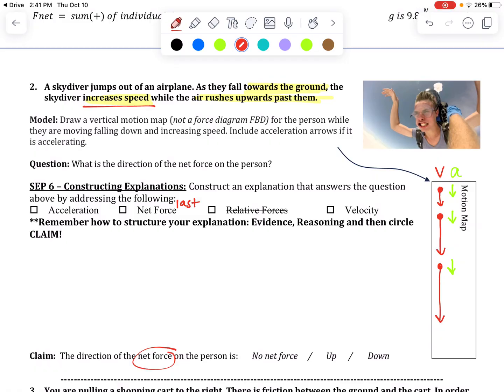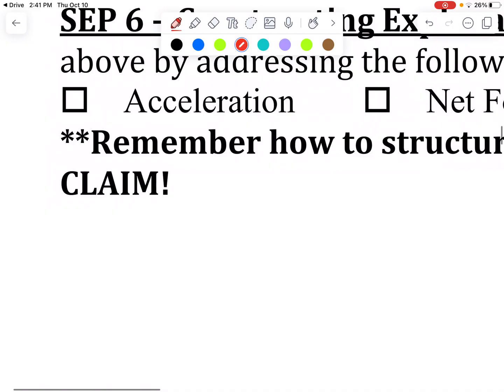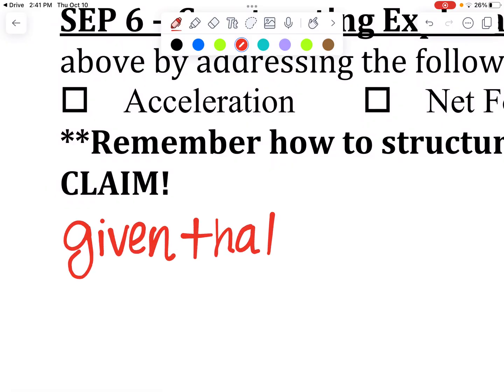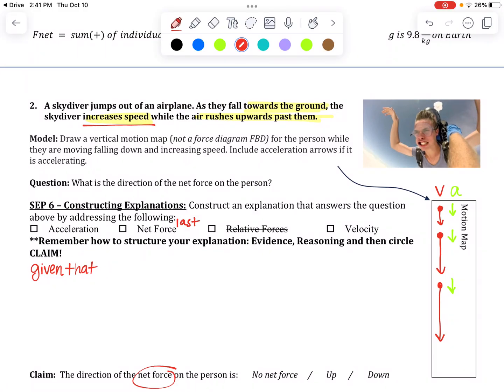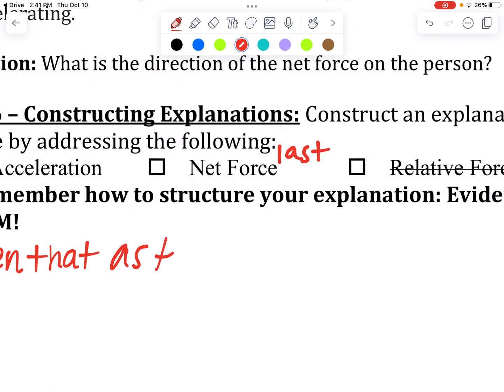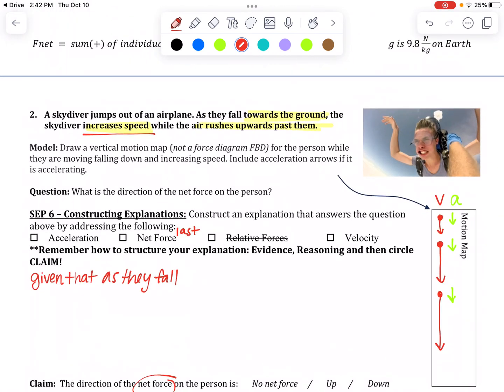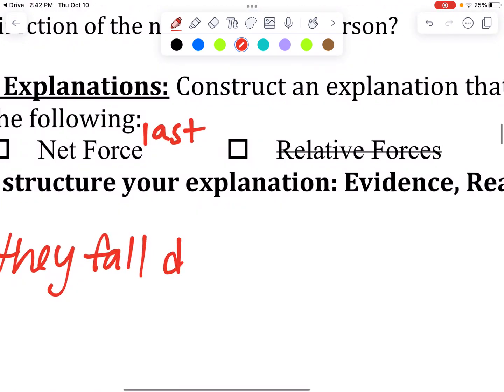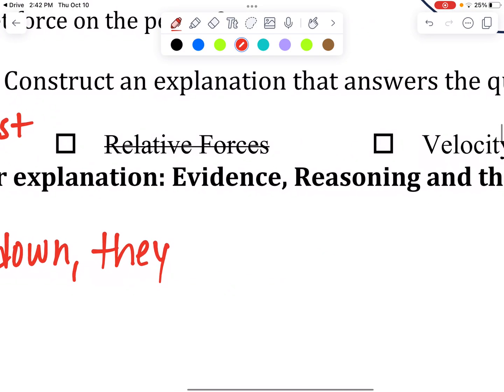Speed is not velocity, but it's pretty close. So I'm going to start with talking about speed. So given that, and I'm going to copy something from the prompt, that as they fall down, they increase speed.